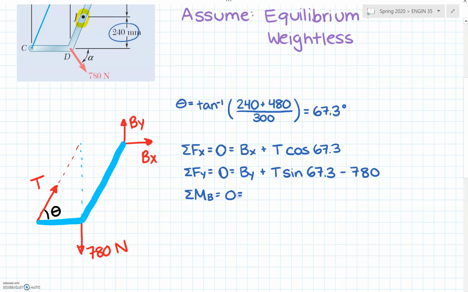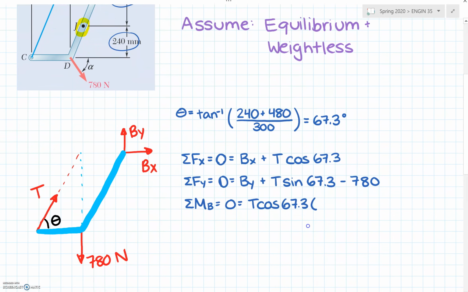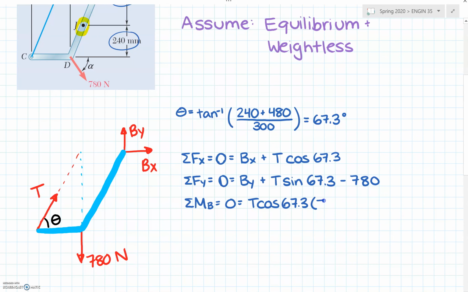I have the x component of T. That's going to be T cosine of 67.3 times my moment arm, which is that 240 plus 480, so 720. That x component makes us rotate counterclockwise about point B, so that will be a positive moment.